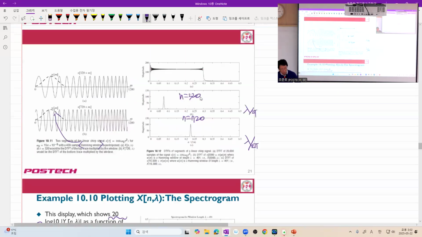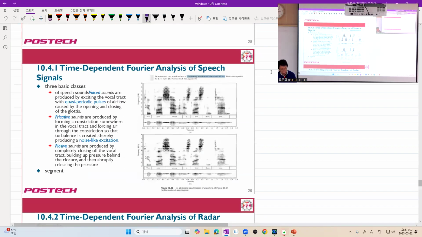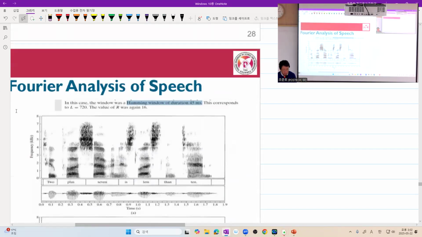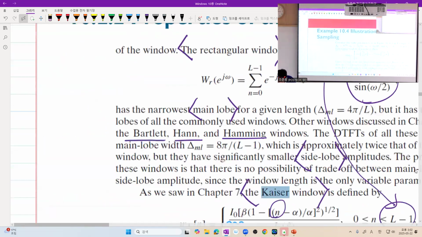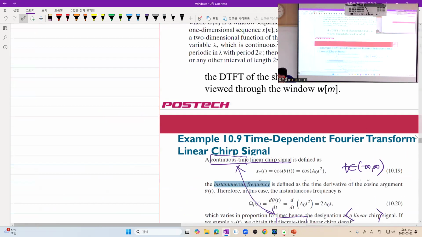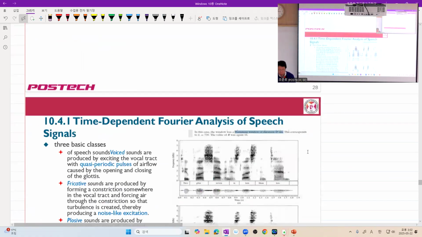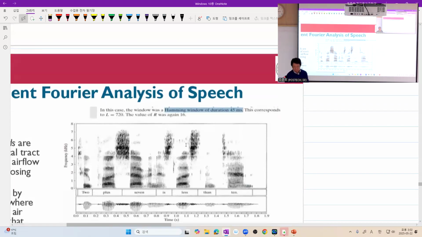So let me show you an example first. As you see, this is the time axis, time in seconds.